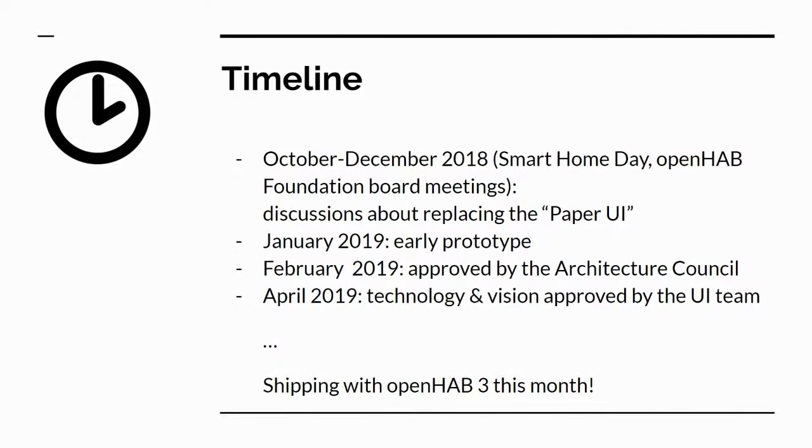So 2 years later, we're on the verge of delivering, and the release does not mean it's the end of the road, of course. There is still a lot of polishing up to do, and minor openHAB 3 versions will see a lot of improvements, I'm sure.